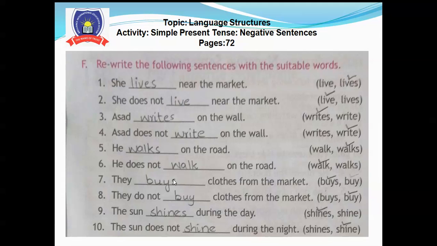They buy clothes from the market. So number 9 is: the sun dash during the day. The sun shines during the day. Number 10, the sun doesn't shine during the night. Shine, that's good.